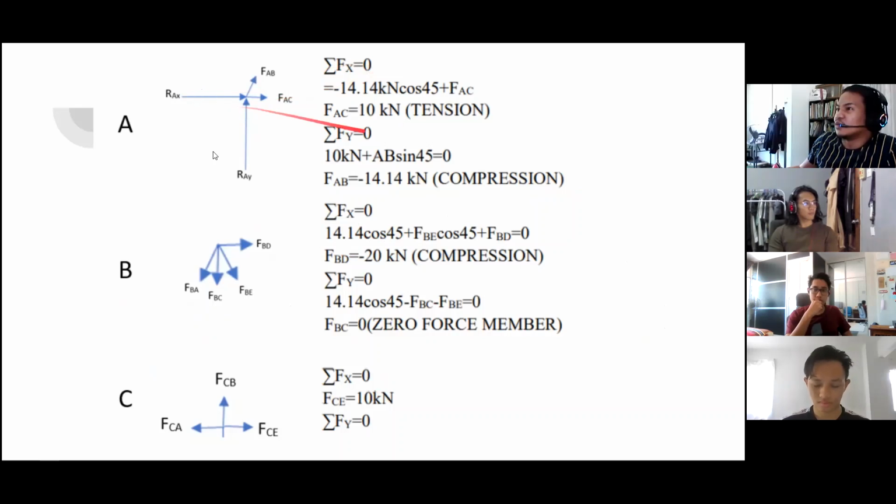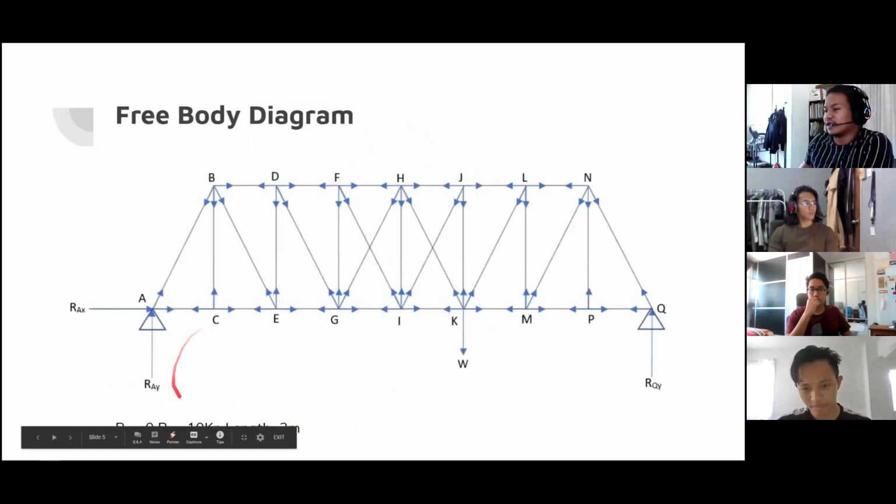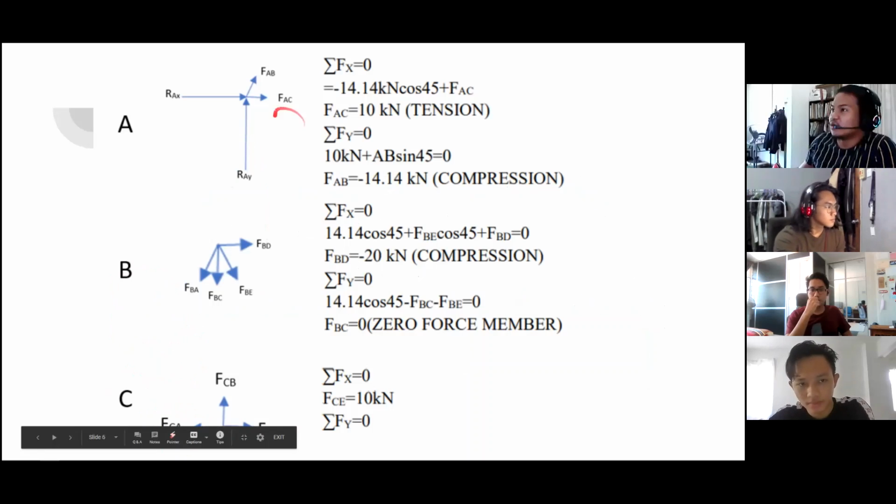We know that the reaction in x is 0 and the reaction in y is 1. So we calculate from A.